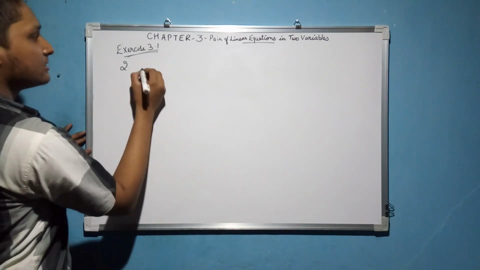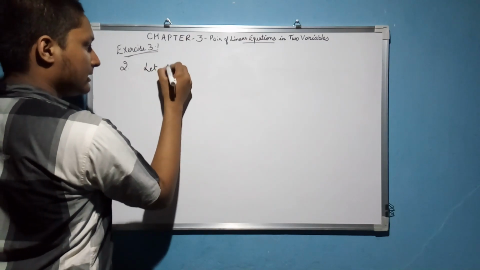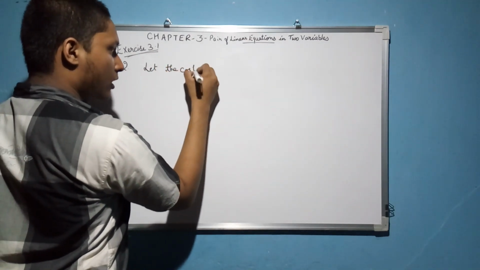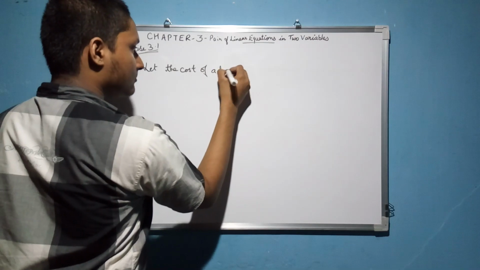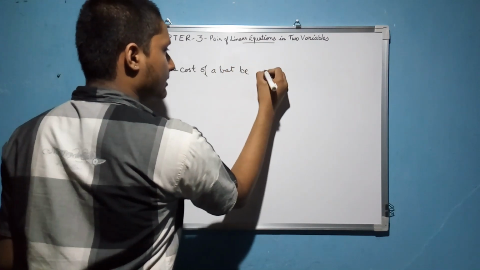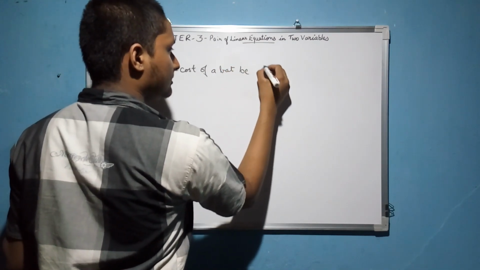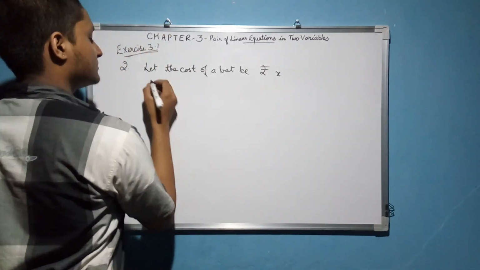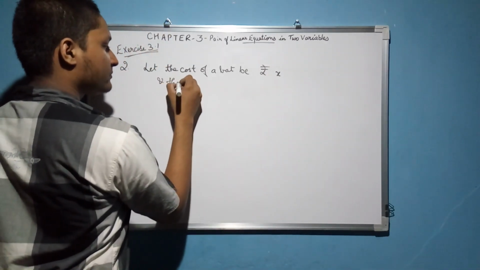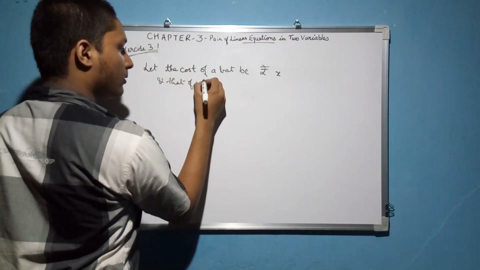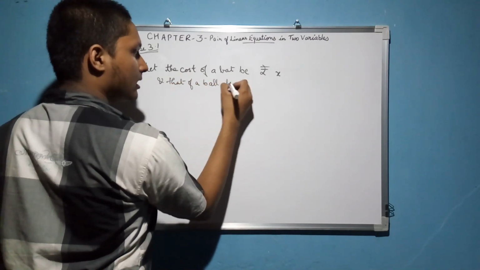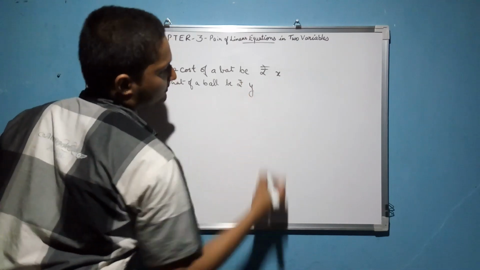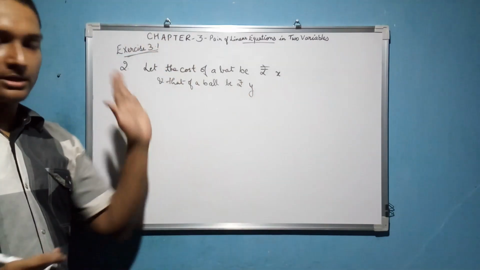For that, first you need to consider: let the cost of a bat be rupees x, and that of a ball be rupees y. You have x and y, you are already told.